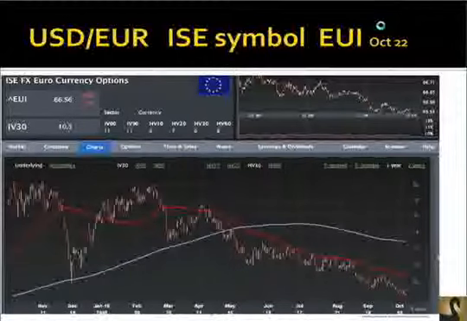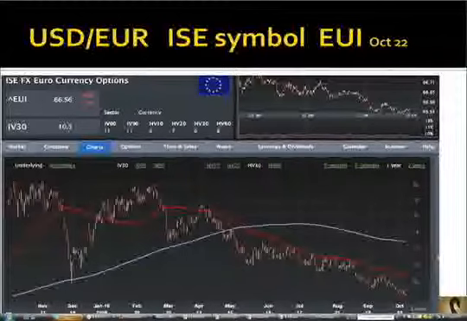If you don't mind, just go through a brief synopsis of what the euro looks like. Can others see the euro chart okay? I'm not getting any response from anybody.